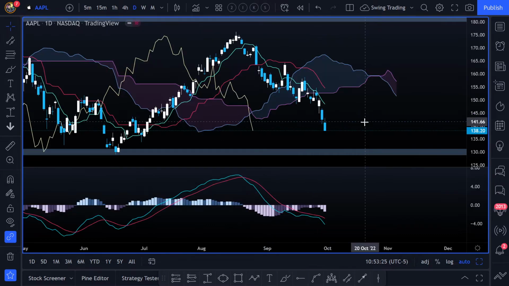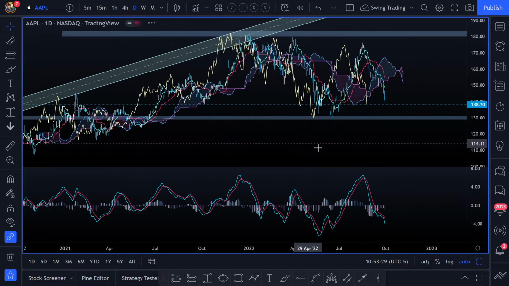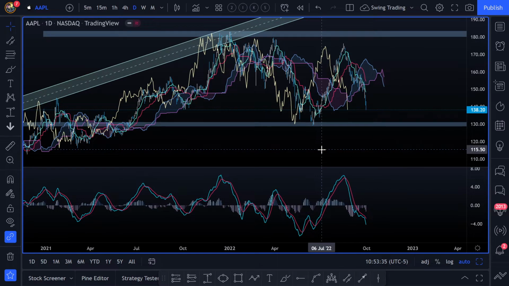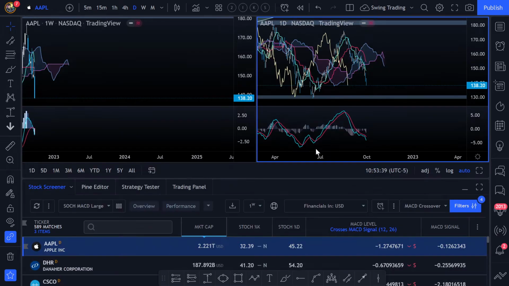Okay, so going to the daily time frame, the MACD is bearish, so I think we can look for short positions in the coming days.